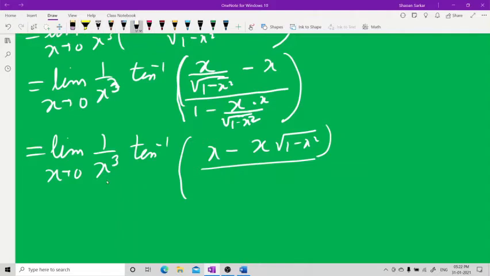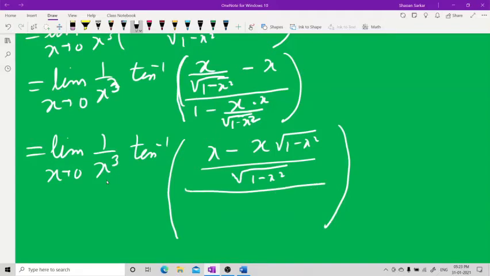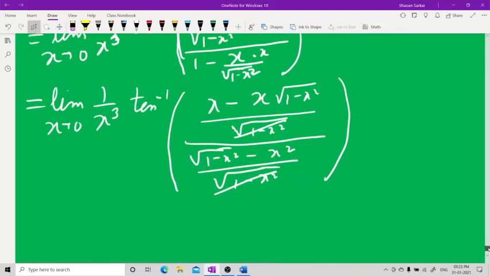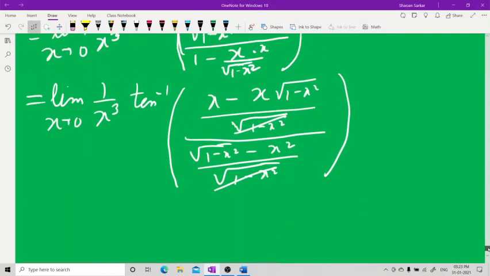That's right, with under root 1 minus x square. Now make this bracket a little bigger, upon under root 1 minus x square upon under root 1 minus x square. This cancels out. So let's go down and see what you are left with.